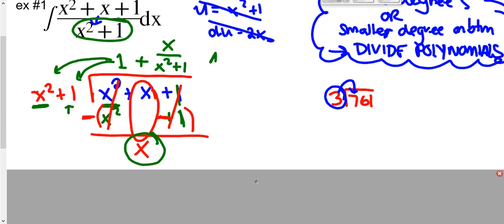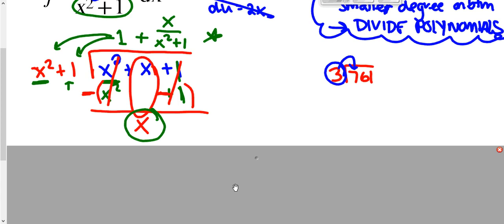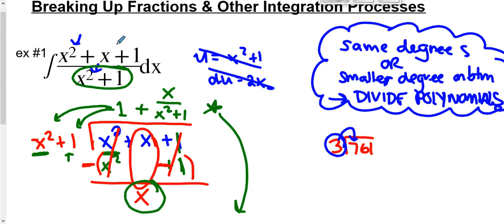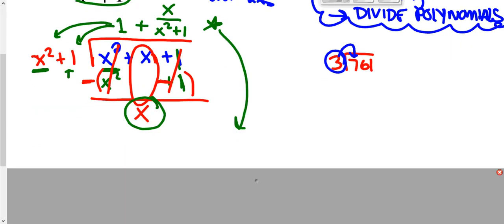So this is our new integration. So we take that and we write that down here. And our integration has changed from x squared plus x plus 1 over x squared plus 1 to the integral of 1 plus x over x squared plus 1 dx.